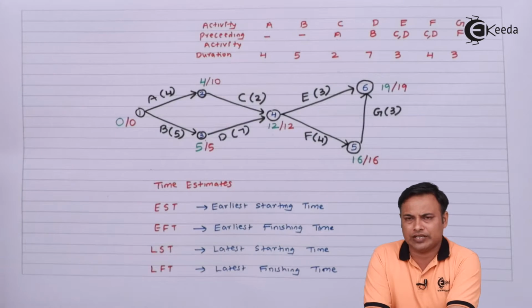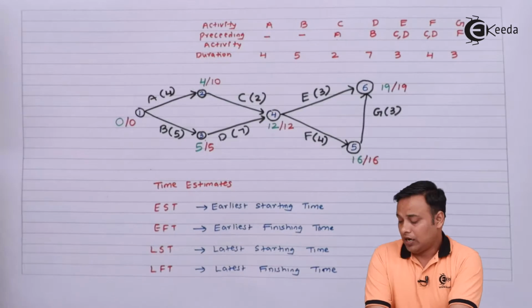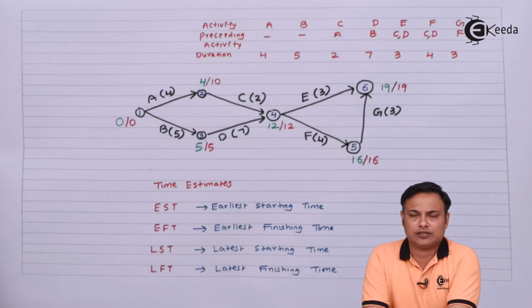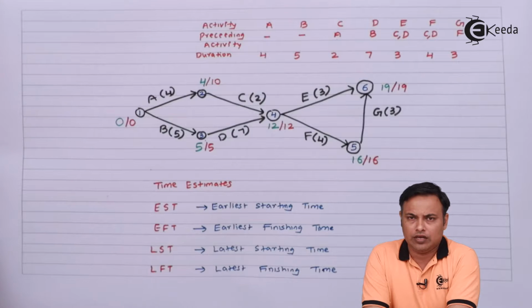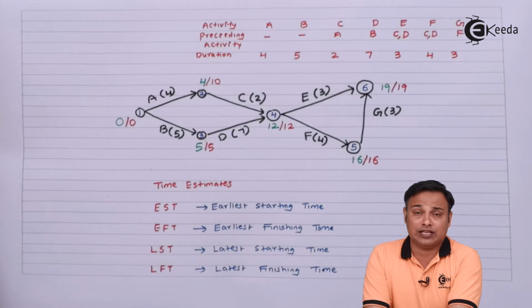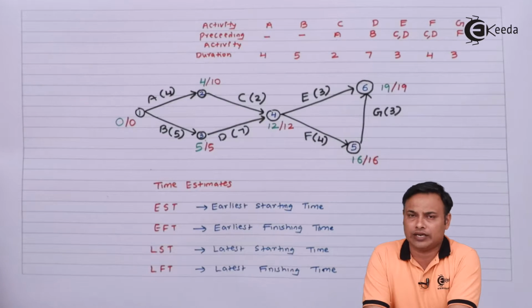As the name suggests, it's very easy to understand what the earliest starting time is. Earliest starting time indicates the earliest time when I can start an activity. किसी भी एक्टिविटी को मैं जल्दी में जल्दी कब स्टार्ट कर सकता हूं, that will be called the earliest starting time.